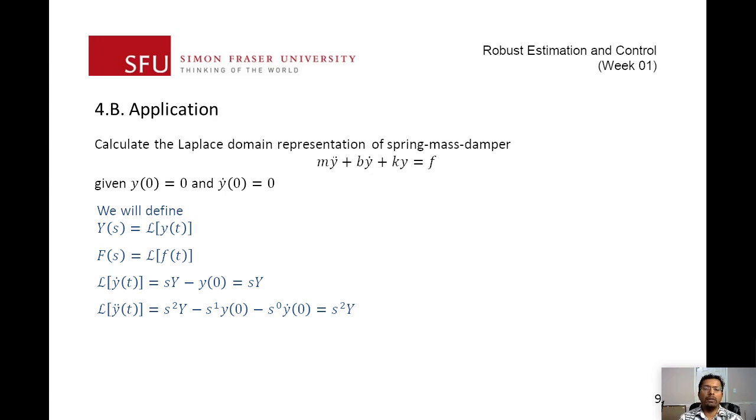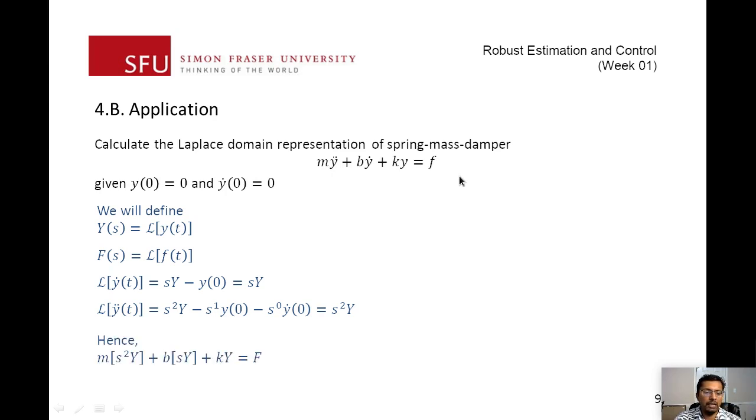The other property that we use is that the sum of the Laplace transforms is equal to the Laplace of the sum. If we take the Laplace of this whole equation, we can just take the Laplace of the individual terms and then add them up.